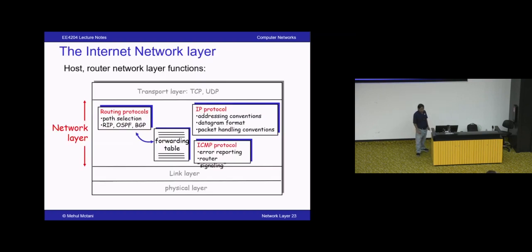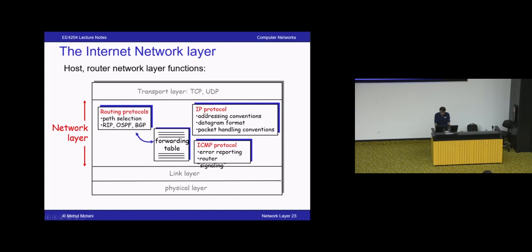Okay, so this kind of just shows you where the network layer fits in. So above it is the transport layer, below it is the link layer. Okay, and I mentioned to you that there's a forwarding table, right? Because the router has to do forwarding, and the routing protocol is going to drive that forwarding table. Okay. Now, in addition to these core functions, there's a couple of other things. Well, to be able to build this routing, you need addressing. So IP does that.